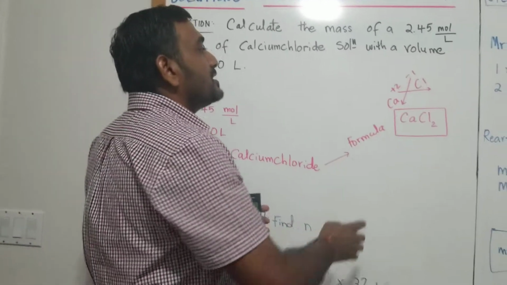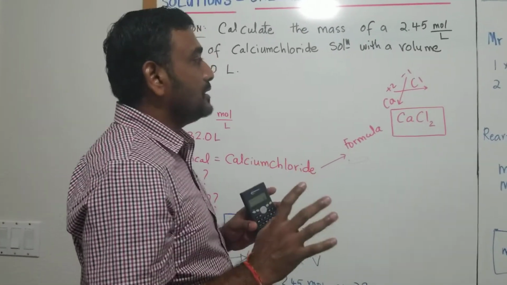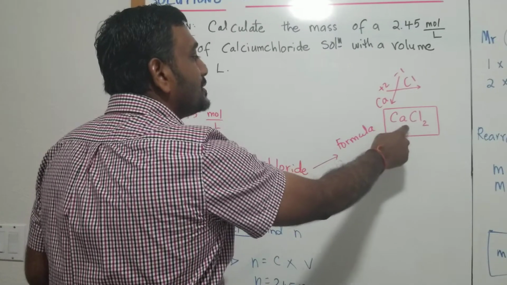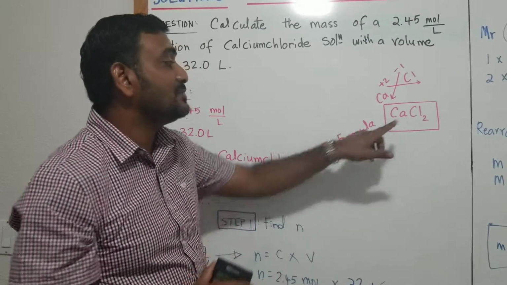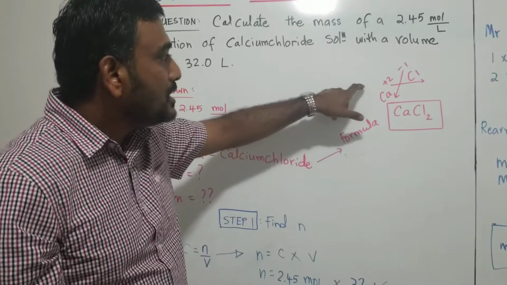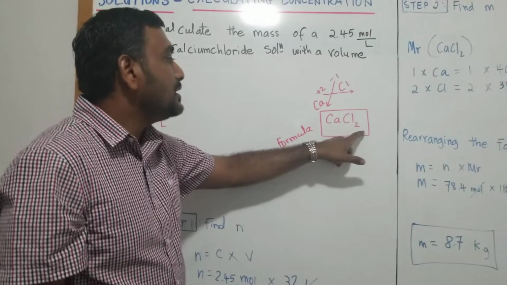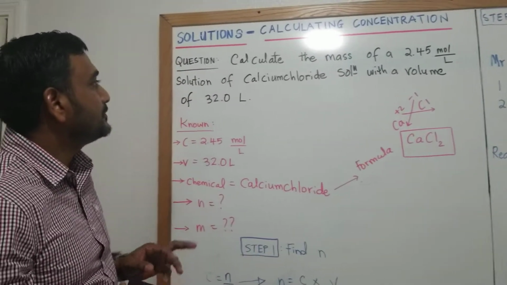The easiest way to make them 0 is to crisscross the charges down, the numbers only; we can leave the plus and minus on the top. So crossing the 1 below calcium, we never write down the ones, we assume 1 to always be present here because calcium is written once. And the 2 on top of calcium crosses down to chlorine over here. So the formula for calcium chloride is CaCl2.